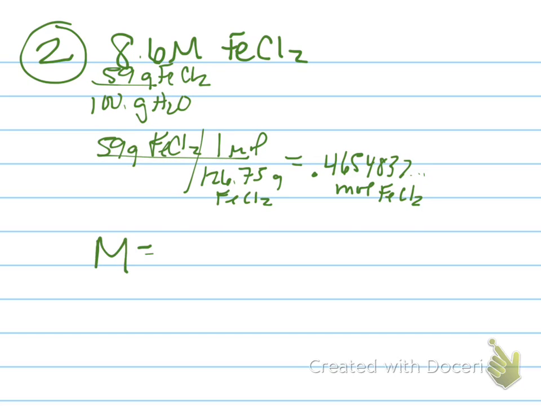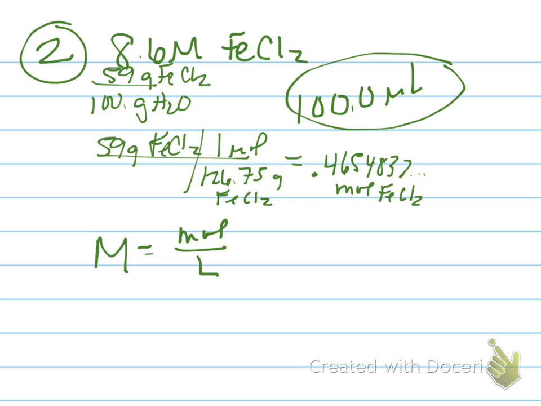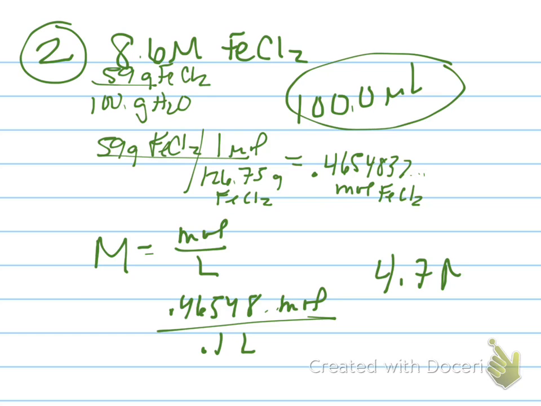Well, molarity would be equal to moles over liters. Since we were dealing with a little fake 100 milliliter sample here, that would be 0.46548, etc. moles over 0.1 liters. So what we get, if we have 2 sig figs, is that a 4.7 molar solution would be a saturated solution.